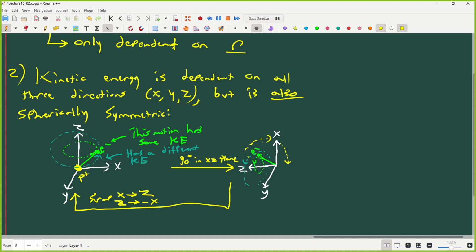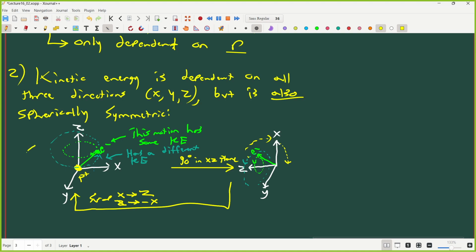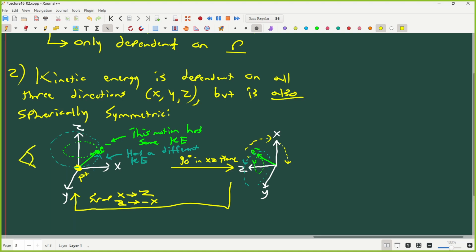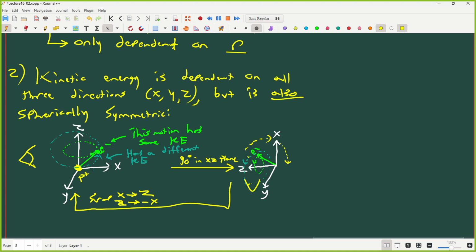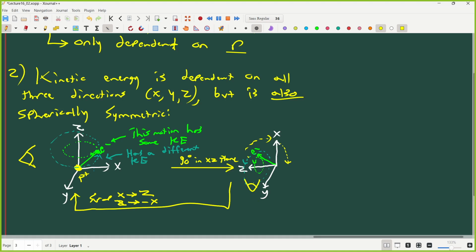Let me write it like this. If this is my eye, then in this new rotated form, all I've done is rotate my eye this way. All I've done effectively from going from here to here is move my head like this. So the physics are still the same. So these are spherically symmetric.